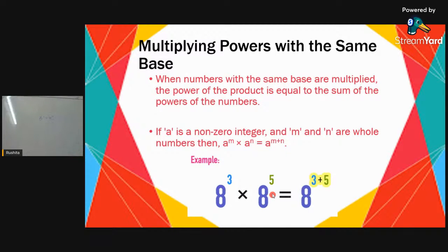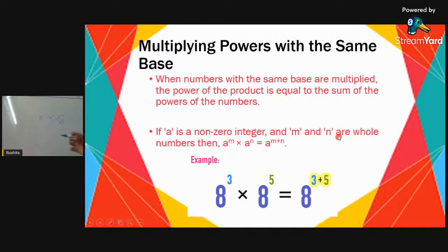They have kept the base 8 the same, right? And 3 plus 5 is 8. So the answer will be 8 to the power of 8, right?